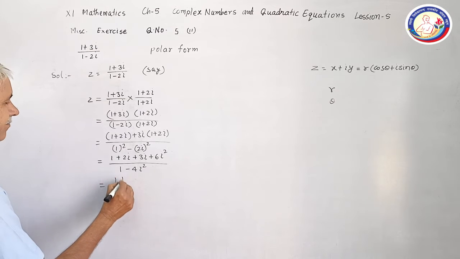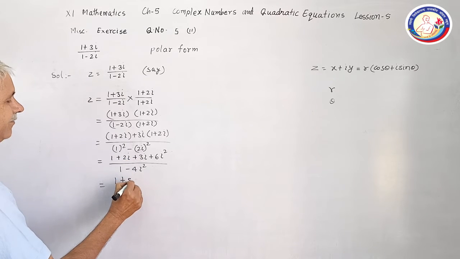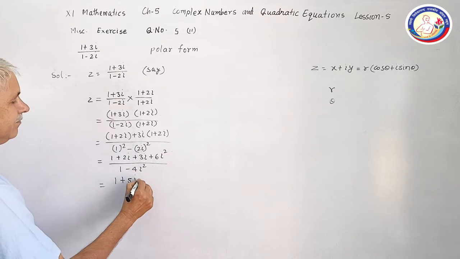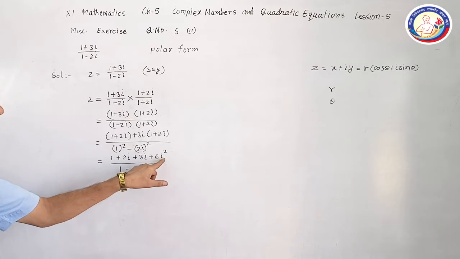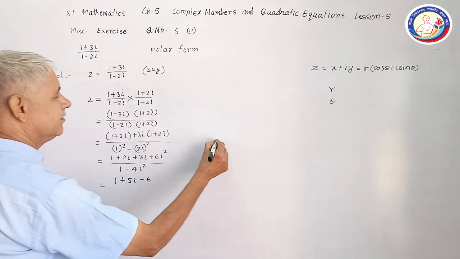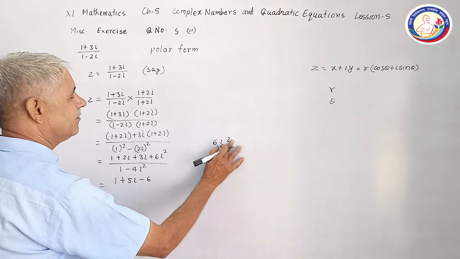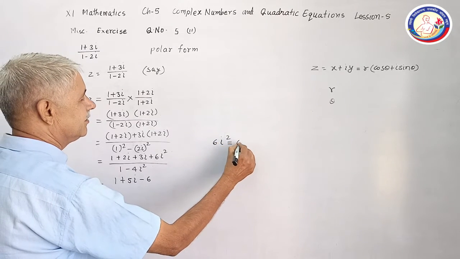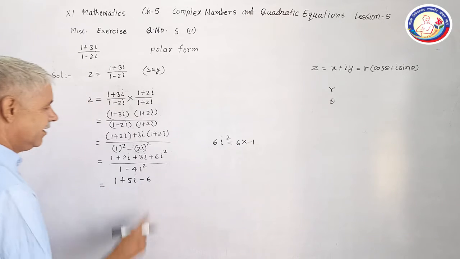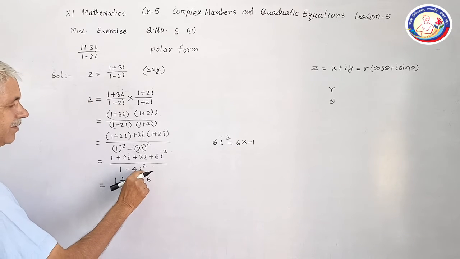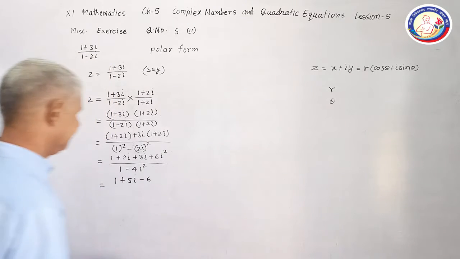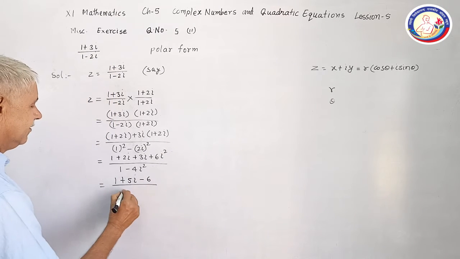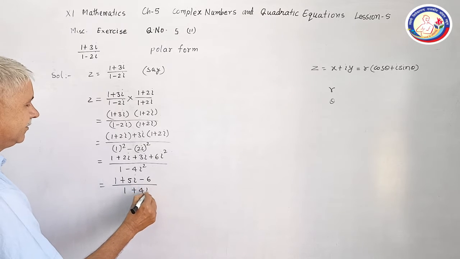So we will have 1 plus 2 plus 3, that is 5 iota, and minus 6 here, because iota square is minus 1, 6 iota square will be 6 into minus 1. And similarly here it will be minus 1 also. So we will get 1 plus 4 iota.